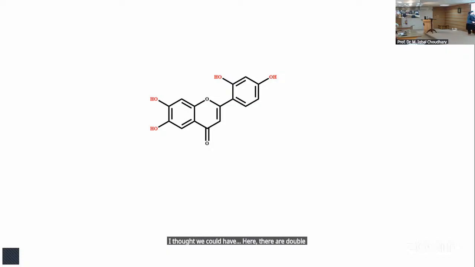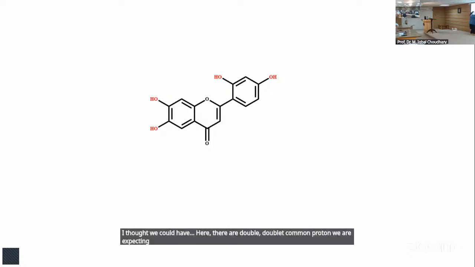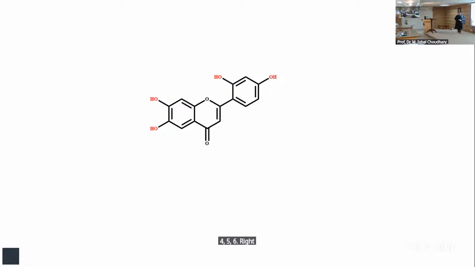How many protons are we expecting? 1, 2, 3, 4, 5, 6. Right? 6 protons. And one for OH. The OH depends on the solvent, which solvent you are using.